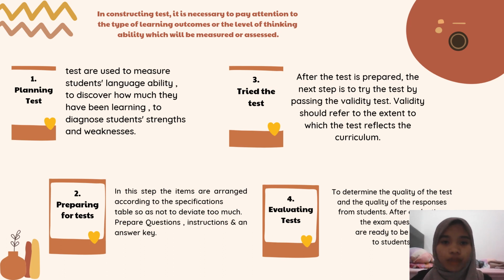The second is preparation of the test. In this step, the items are arranged according to the specification table so as not to be distributed too unevenly. Prepare the questions, instructions, and answer key. The third is trying the test. After the test is prepared, the next step is to try the test by passing the validity test.